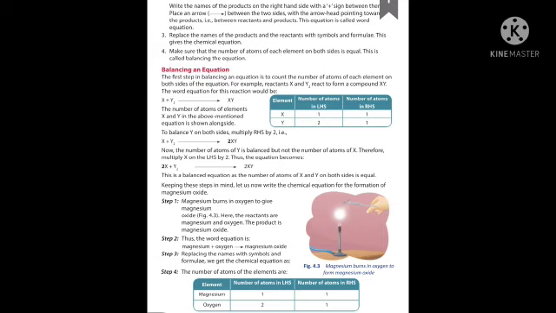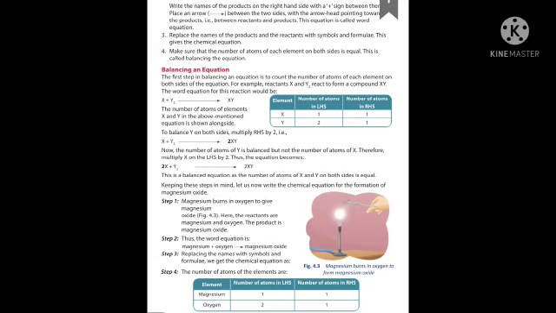See the picture I have shown. X plus Y2 gives XY as the product. This word equation for the reaction is shown in the picture. The number of atoms of elements X and Y in the above mentioned equation is shown alongside.